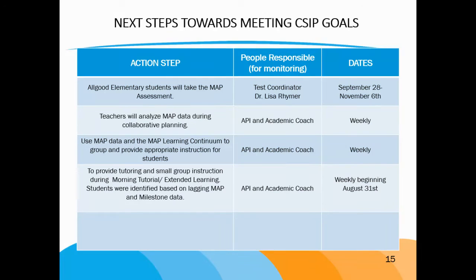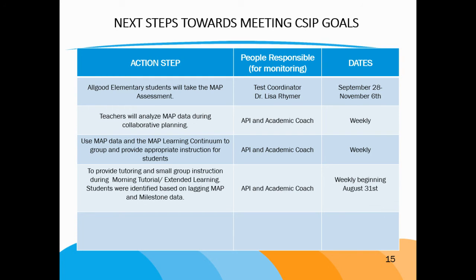Our next steps towards meeting our CSIP. Yes, Allgood Elementary students will take the MAP assessment, of which we're currently in the process of doing that with our test coordinator, Dr. Lisa Reimer. Those dates are September 28th all the way to November the 6th. Teachers will analyze their MAP data during collaborative planning with the API as well as academic coaching. That's weekly.